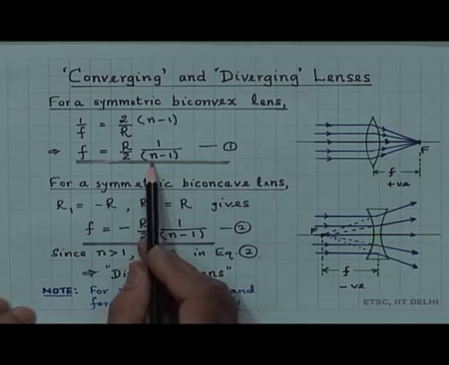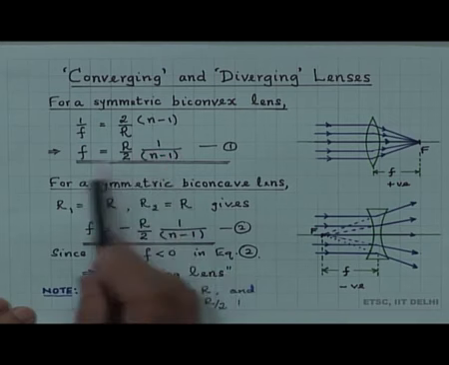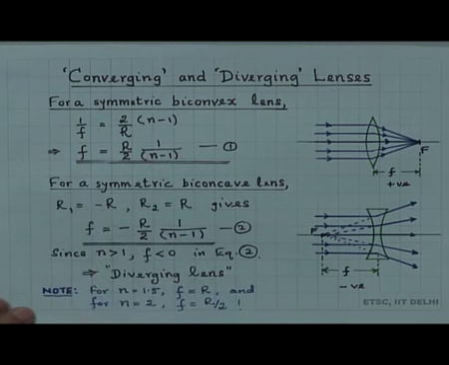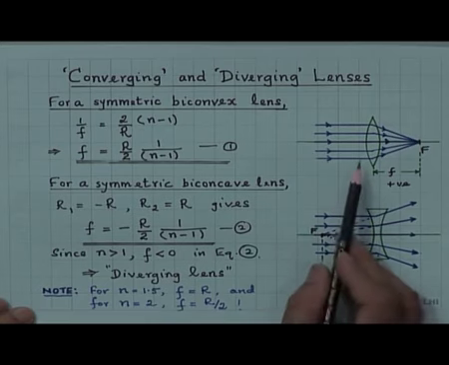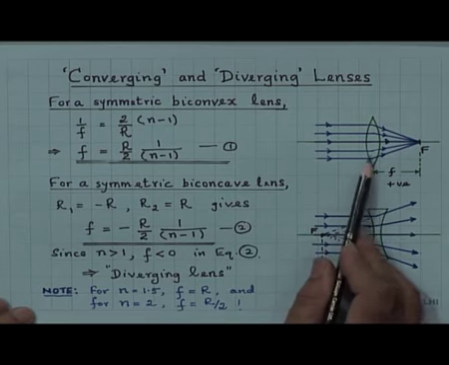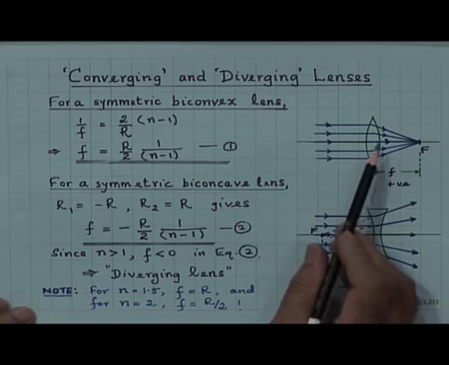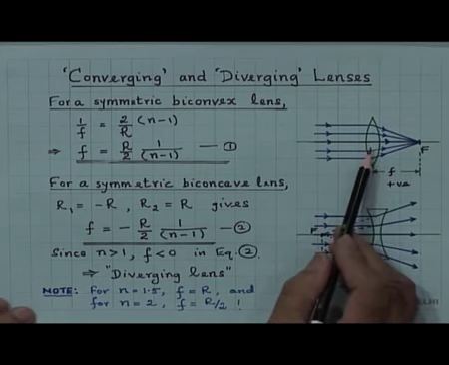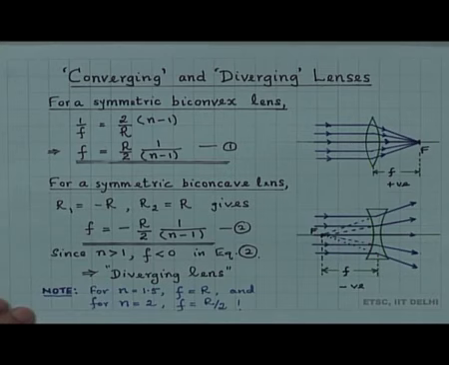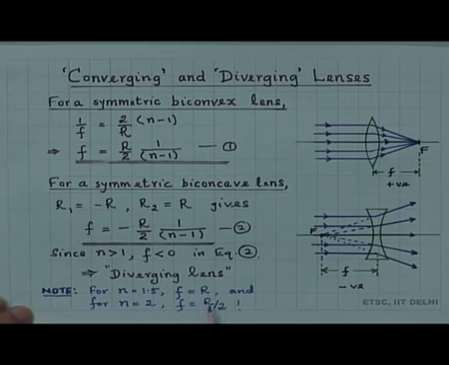If you put n equal to 2, the whole thing is 1, and therefore f is equal to R by 2. So it clearly indicates that the focal length depends not only on the radius of curvature, but also on the refractive index of the material. In one case the focal length is R, in the other it is R by 2.